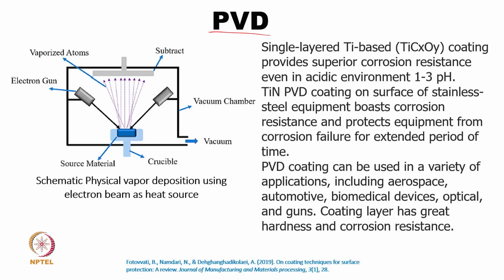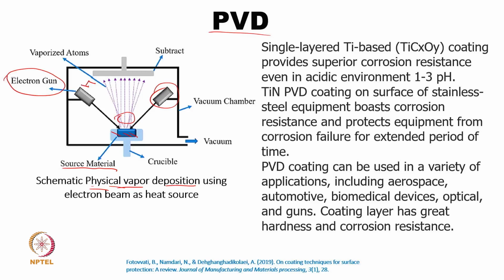This is physical vapor deposition. We do not go ahead with a chemical reaction; it is basically deposition, and we use electron guns, it can be one gun or two guns. We try to release atoms or molecules from a surface source material, and then we carry those atoms using inert gas.